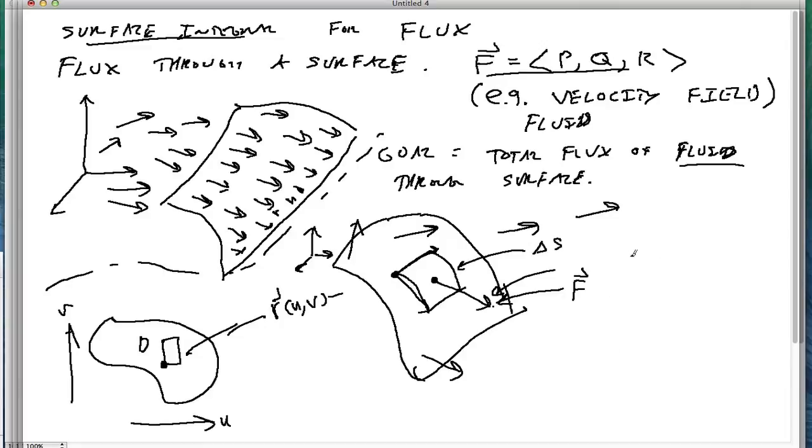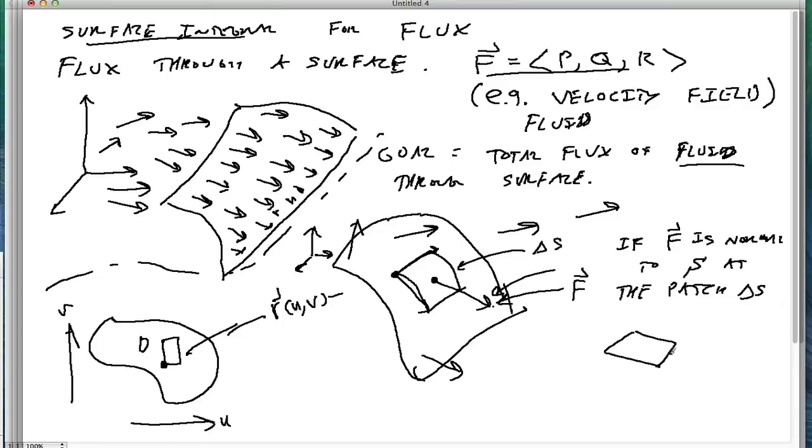All right, so in general, so not in general, the special case: if F is normal to S at the patch delta S, that is, if we have our little patch there, and if F is at a 90-degree angle to that, then the flux through that little patch will simply be, well, let's think about the units of this, right?